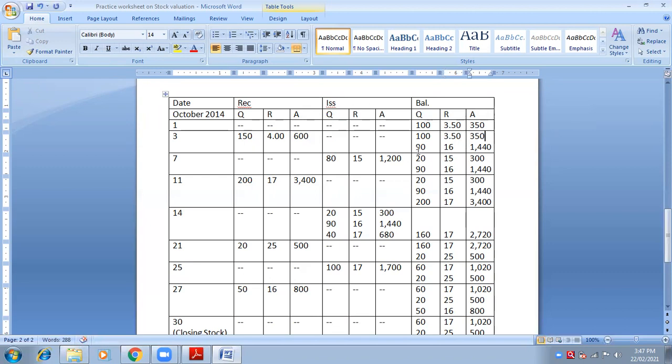Now I will add 150 units here, the one that I have purchased on 3rd date. So 150, 4, and 600 amount. Is that clear, everyone? Yes, ma'am.